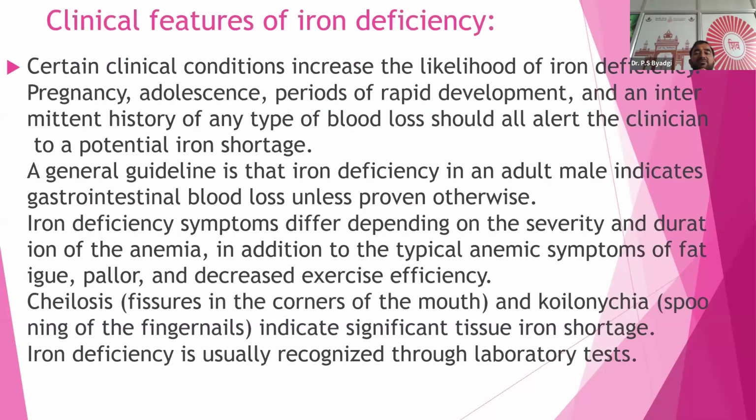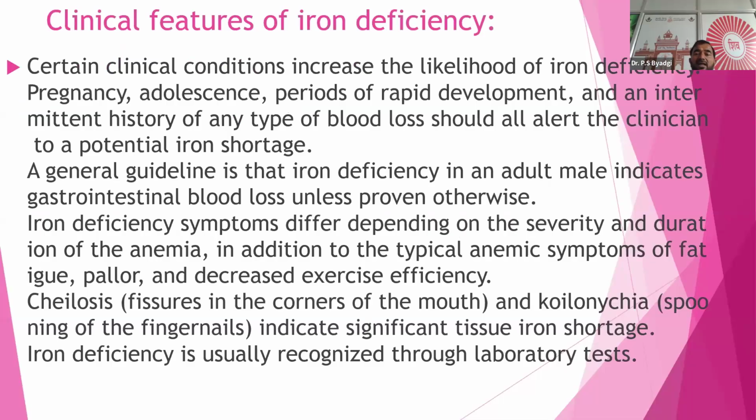So the clinical features of iron deficiency are very, very important. The likelihood of iron deficiency is higher in pregnancy, adolescence, periods of rapid development, and an intermittent history of any type of blood loss should all be looked into when you are taking the history of the patients.